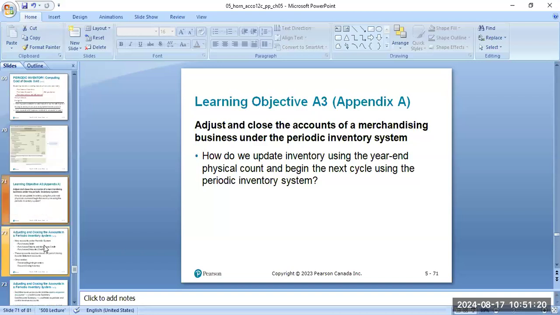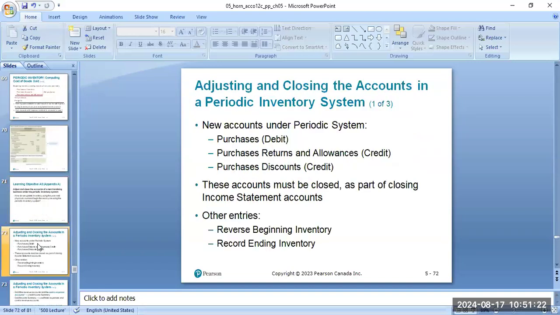So all the new accounts that we created, purchase return allowances, purchase discounts, freight, we have to close those accounts. Plus, we have to close the sales return allowances and sales discounts, which are similar to the perpetual system. So the only difference between perpetual and periodic is for the purchases.